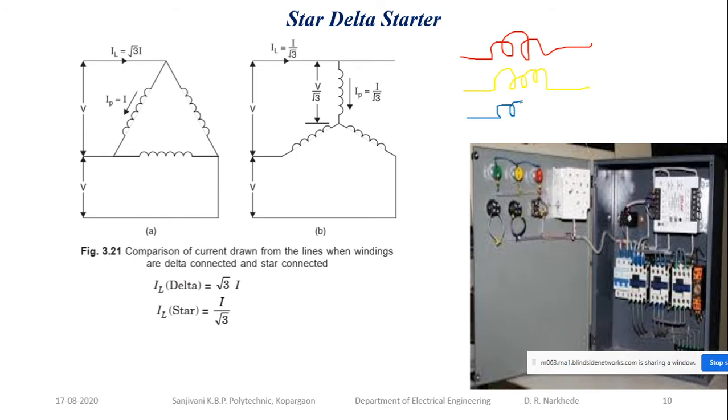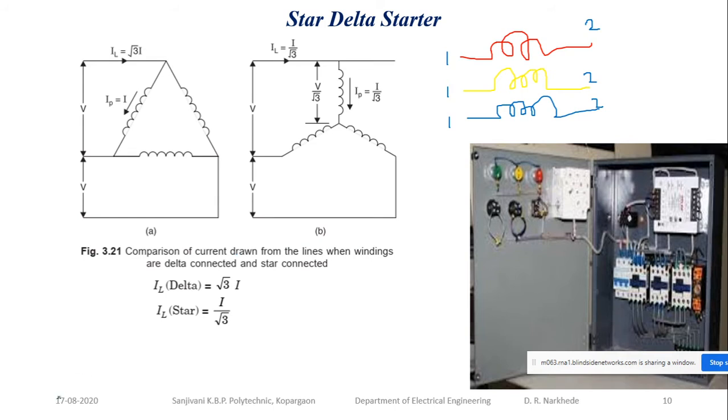This is my RYB. Is it clear? Each winding has two terminals, a starting terminal and a finishing terminal. So this is the second terminal, and the second terminal.